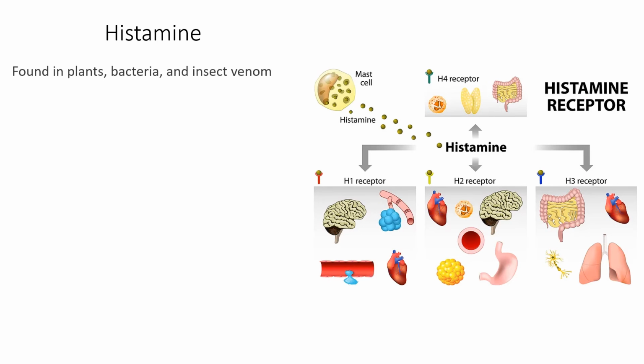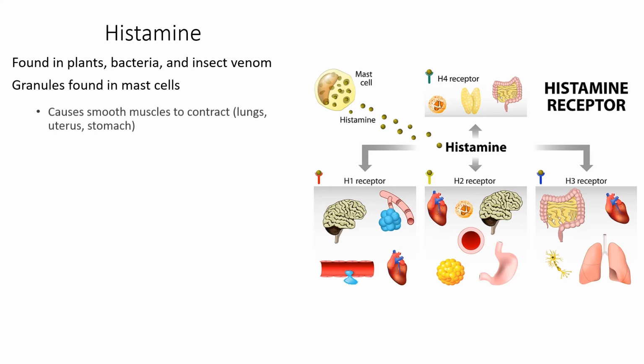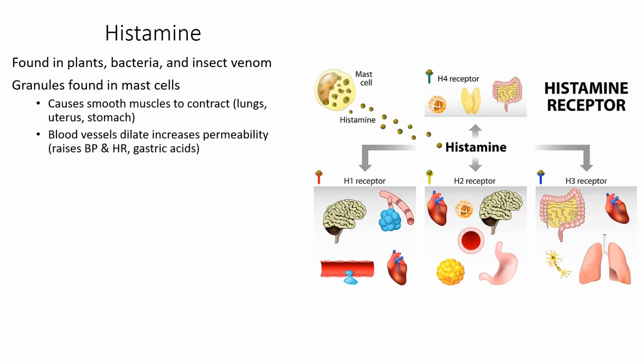Histamine is important for metabolism, temperature control, and regulation of various hormones, as well as sleep-wake cycles. Interestingly enough, histamine is found in plants, bacteria, and insect venom. Most of us know that if you are allergic to poison ivy, or if you have that itching from a mosquito bite. The granules found in mast cells, which are found in connective tissue and are an important part of the nervous system.